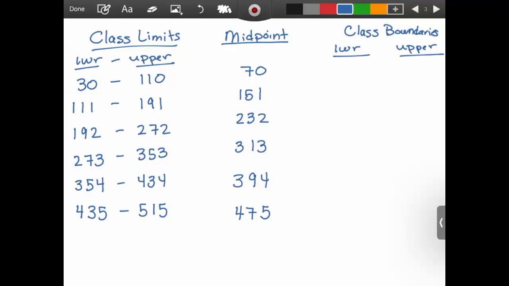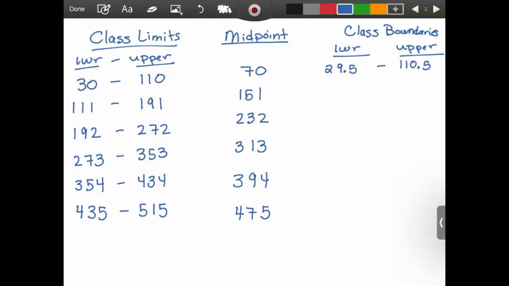The lower boundary is found by subtracting 0.5 from the lower limit. So if our lower limit is 30, the lower boundary would be 29.5. For the upper boundary, you add 0.5 to the upper limit. So 110 plus 0.5 gives you 110.5.